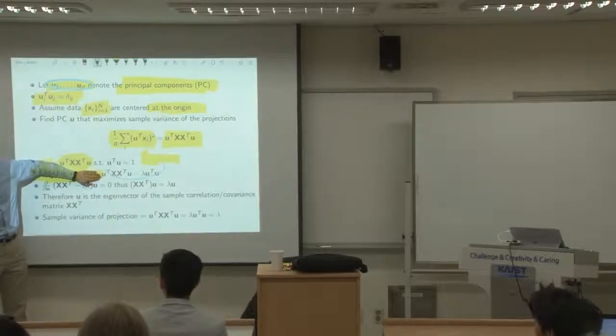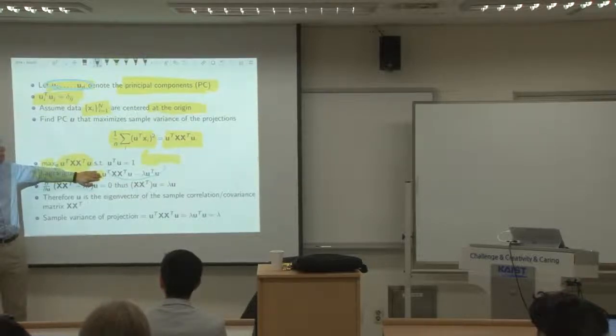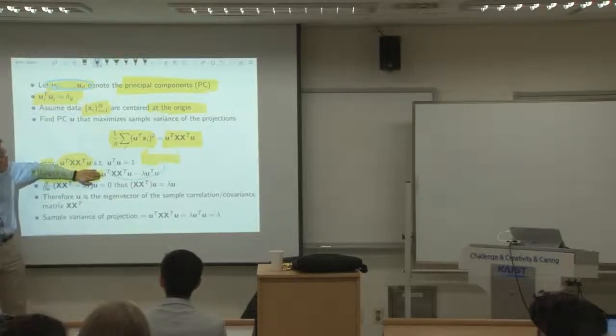It's quadratic. Quadratic means the highest order is a square. There's a global maximum or minimum. So how do I maximize this?